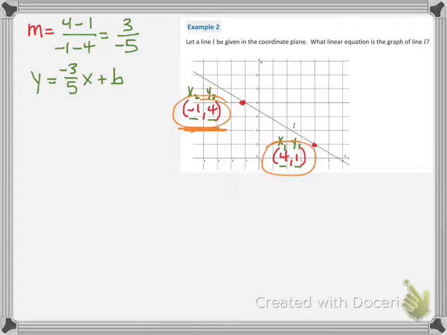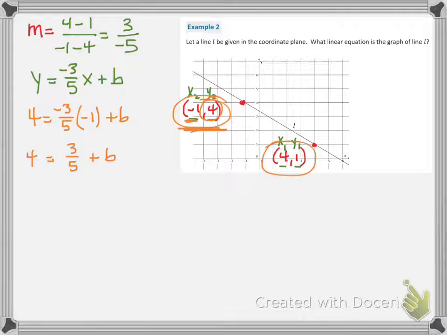So y is 4 is equal to -3/5 times x, well, that's a -1, plus b. And then we simplify. -3/5 times -1 is a +3/5, so this is 3/5 plus b is equal to 4.